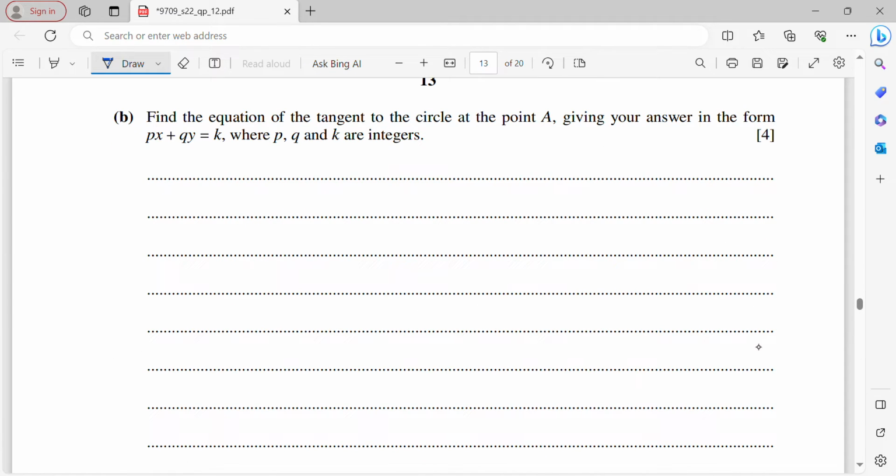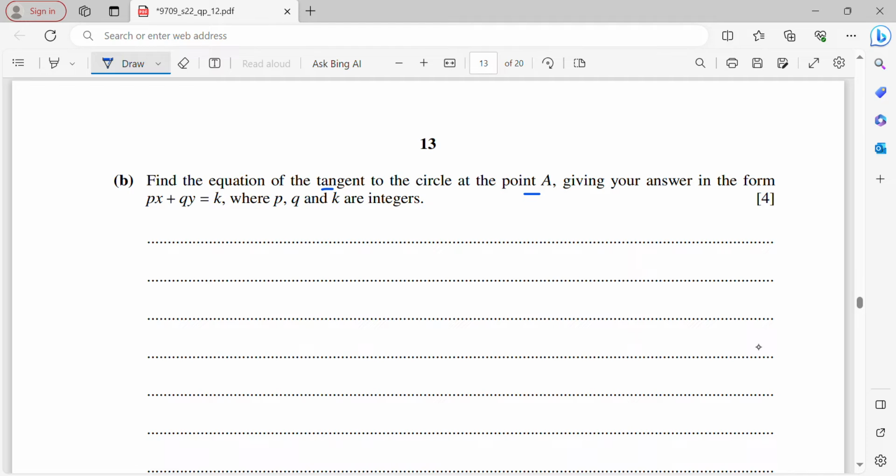Okay, now B. Find the equation of the tangent to the circle at the point A, giving your answer in the form px plus qy equals to k, where p, q, and k are integers. So now, equation of the tangent at circle. When you see tangent, you may use dy dx, because the dy dx is referring to the gradient of the tangent.